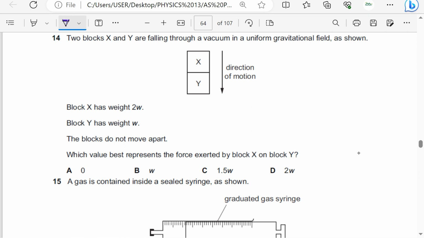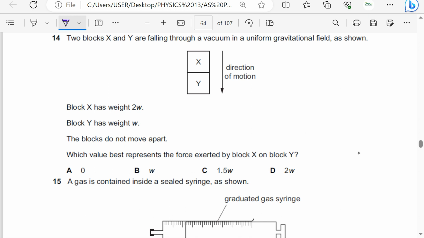Okay, so the two blocks are falling through a vacuum in a uniform gravitational field. Block X has weight twice W. Block Y has weight W. The blocks do not move apart.